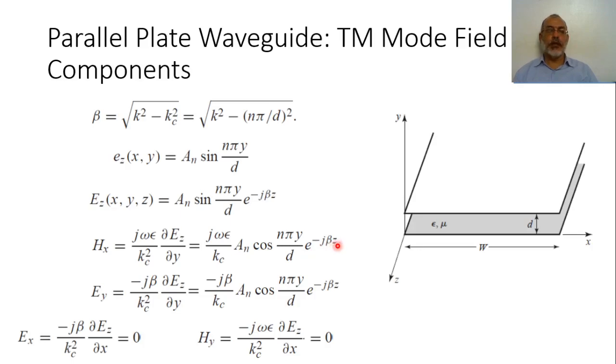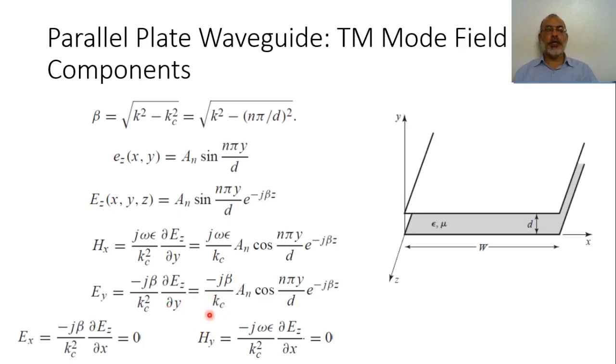So it is j omega epsilon over kc, times An cosine(nπy/d) e to the power minus j beta z. On the other hand, the electric field Ey would be minus j beta over kc squared times partial Ez by partial y. In similar steps, this would be cosine(nπy/d). Here we have nπ/d, which is kc, over kc squared.